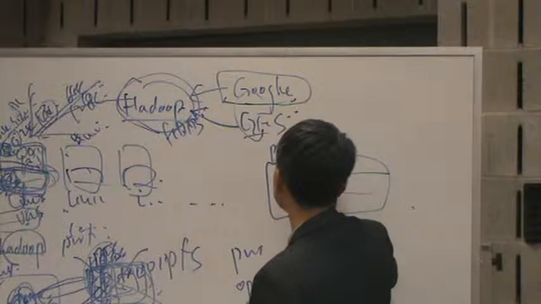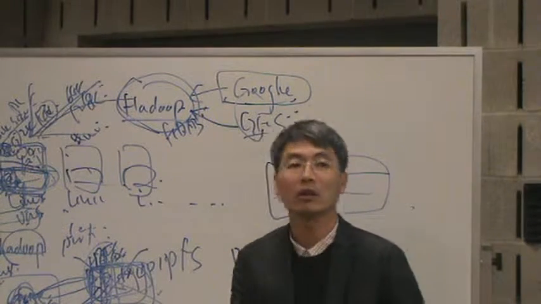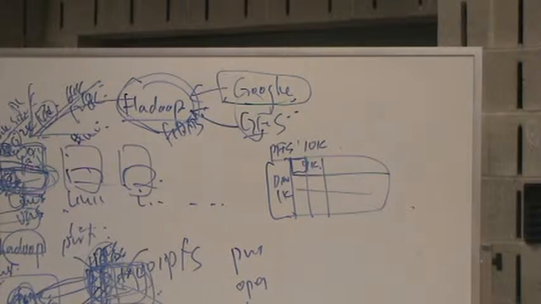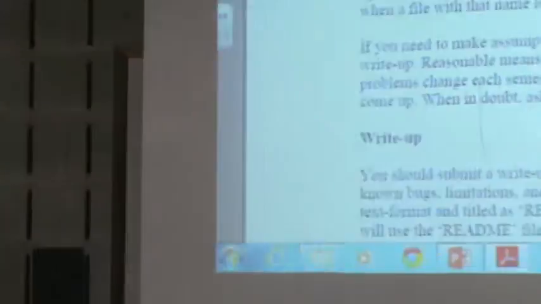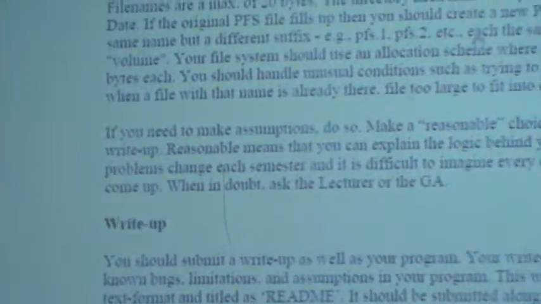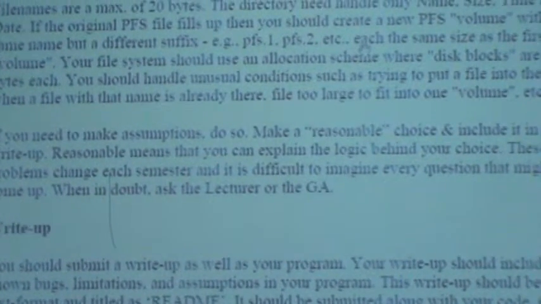So 256 is the processing unit, input and output. Okay. At first it doesn't look easy, but the block-based approach is much easier to handle writing the file and deleting the file.